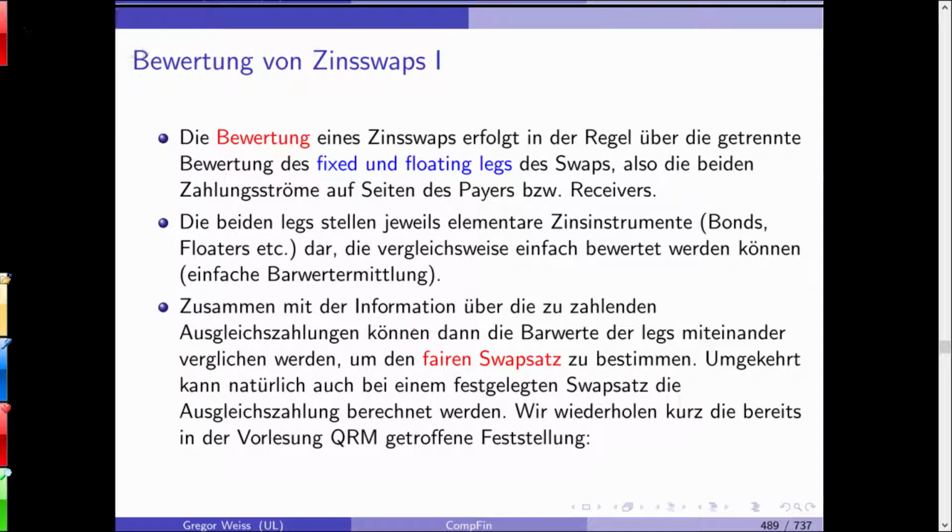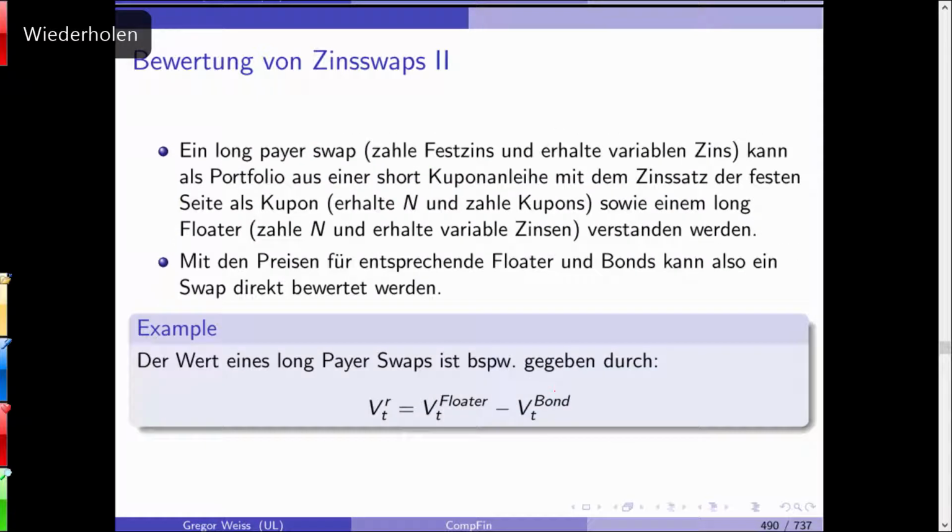Okay. I've already told you how this is done. You simply have to price the fixed and the floating leg of the swap. Then you can get the fair swap rate. This will be done more extensively in a future lecture on quantitative risk management. And I've already shown you how this works.